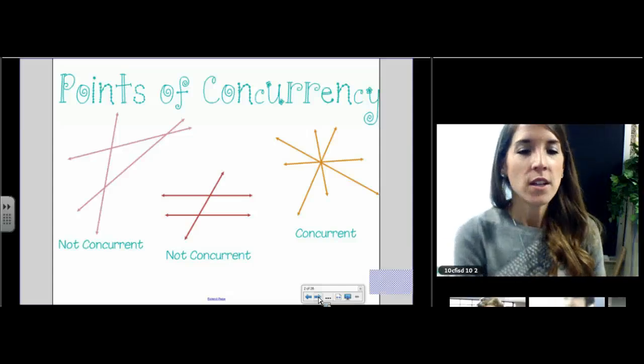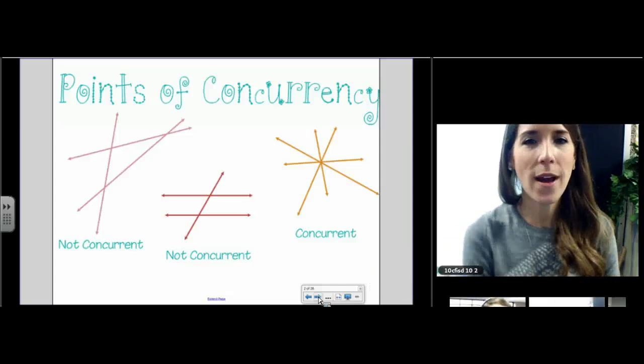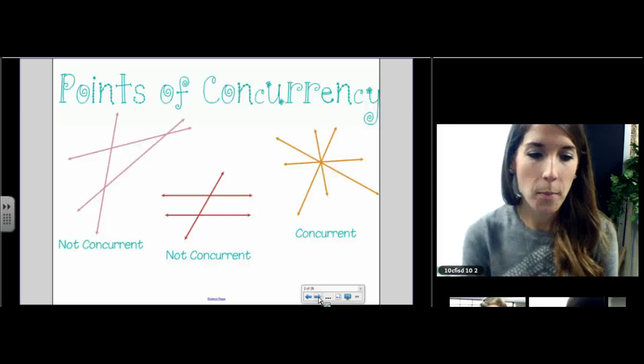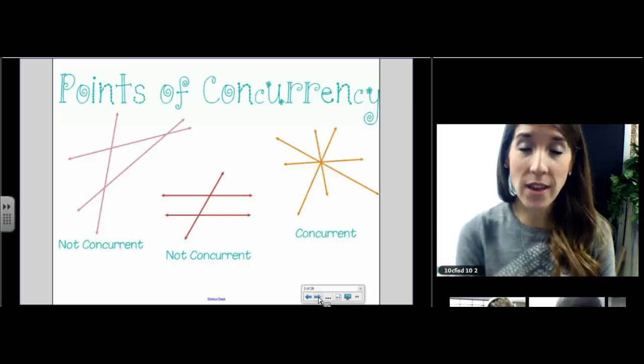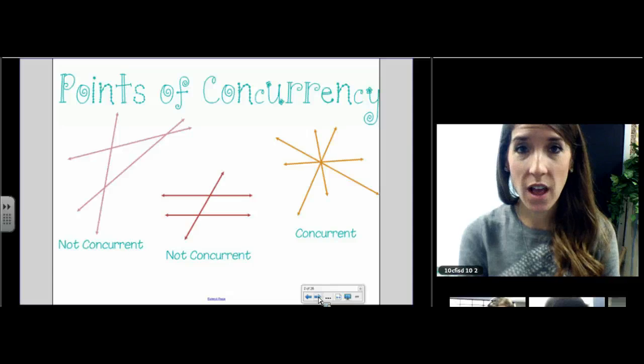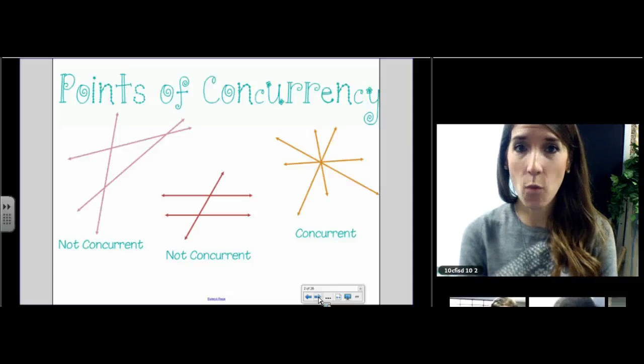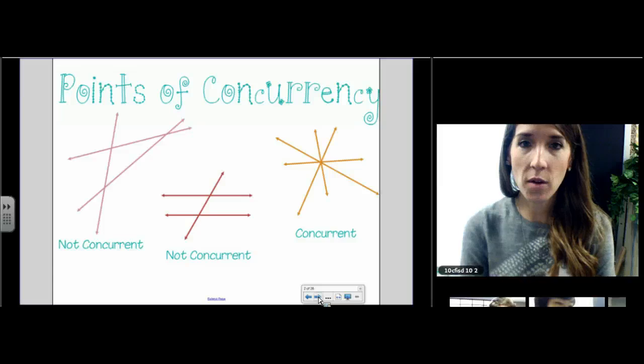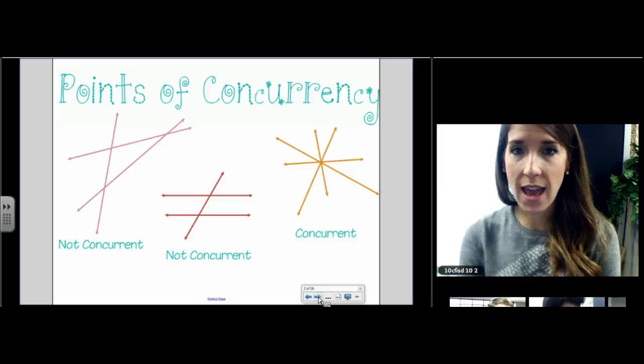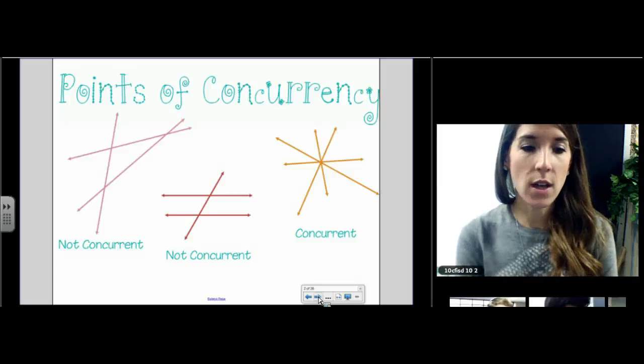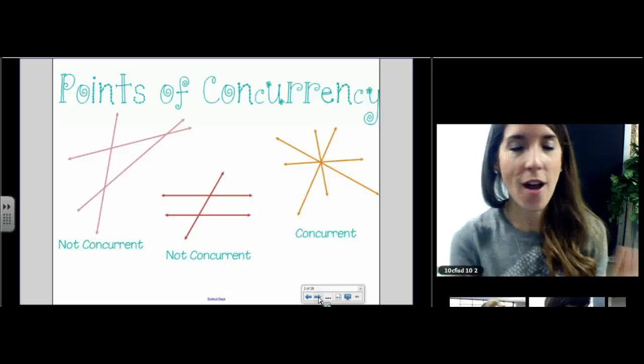Okay. So, points of concurrency. What is a point of concurrency? A point of concurrency is just when 3 or more lines intersect at one common point. So my first picture, those pink lines are not concurrent.